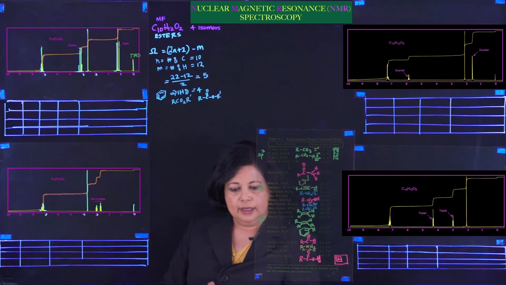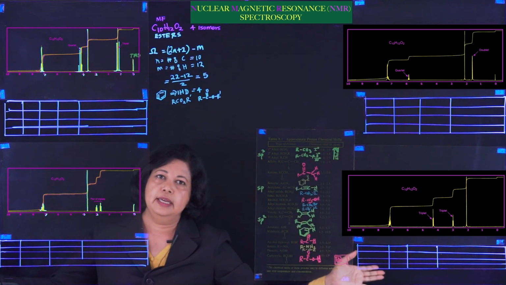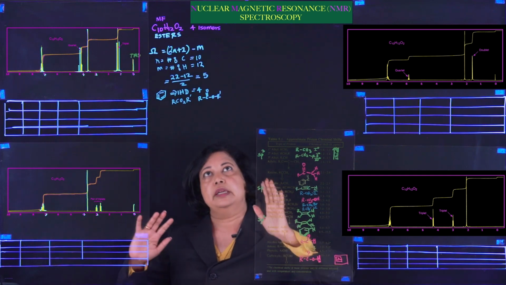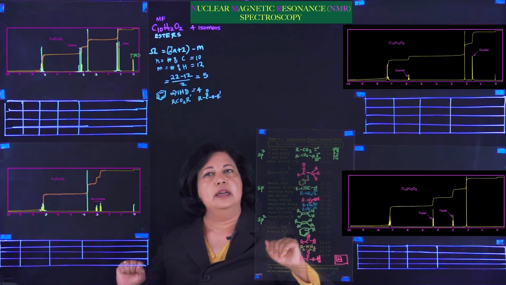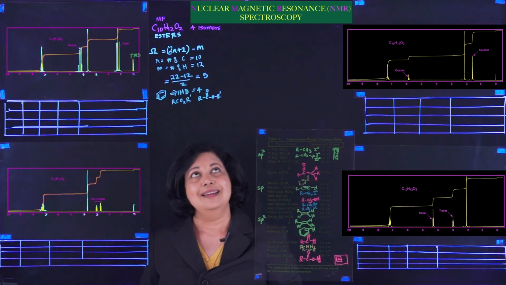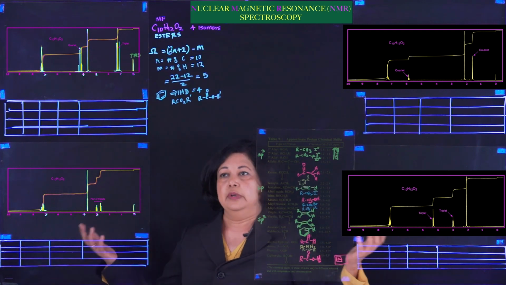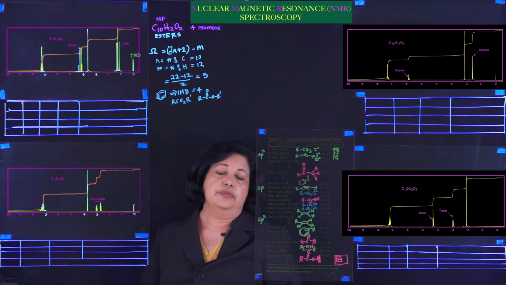So we have a lot of information just by looking at the chart. Even if you don't have an IR, you can look at this chart and try to figure out the possible functional groups. And if you had an IR, obviously that's going to be very valuable added information.